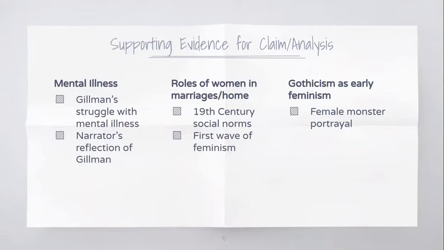And so my research initially brought me, of course, to the biographical ties and the idea behind Gilman's own struggle with mental illness and her own struggle with physicians of the time, and how mental illness and postpartum depression was approached with the idea behind the rest cure.